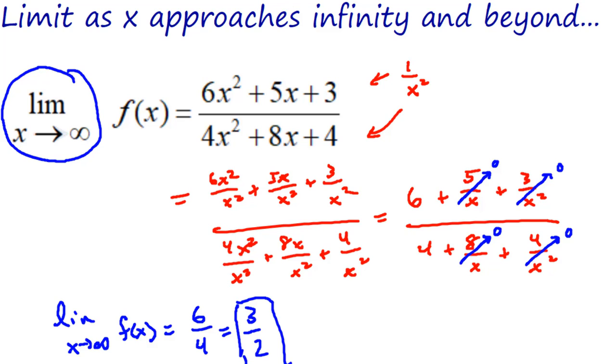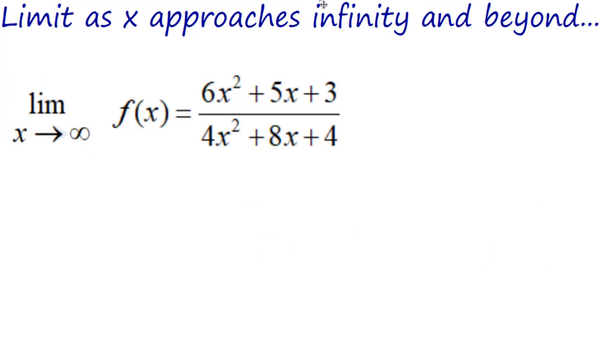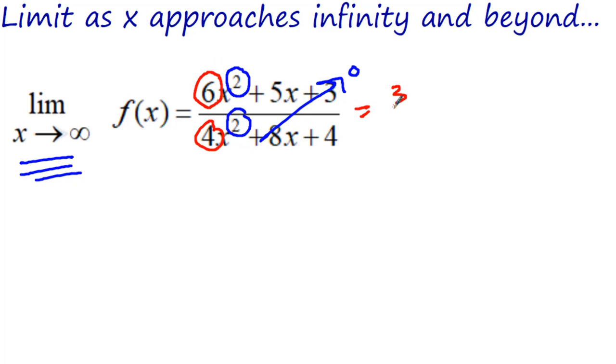Now, if you want a simple way to do this, if you see that the highest exponents are the same, we can cancel everything out. Remember, only when the limit as x approaches infinity, not when x approaches a number, okay? But when x approaches infinity, we're left with our coefficients, 6 over 4 or 3 over 2.